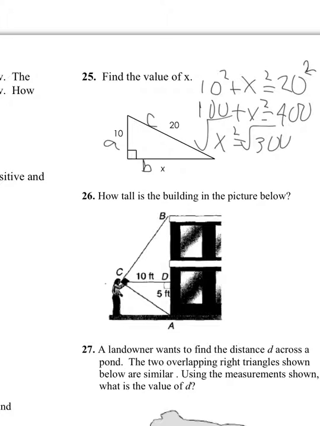But we'll go ahead and do that. 300 breaks up into 100 times this 3, right? So 100 square roots to 10, square root of 3 is going to stay there because otherwise it's going to give you a decimal, and that would be your answer. Otherwise, if there was a decimal rounded off as an answer choice, do it in the calculator. Probably about 17 point something, something around there.